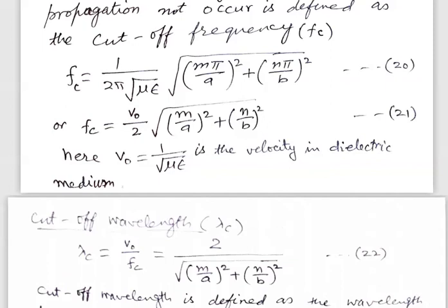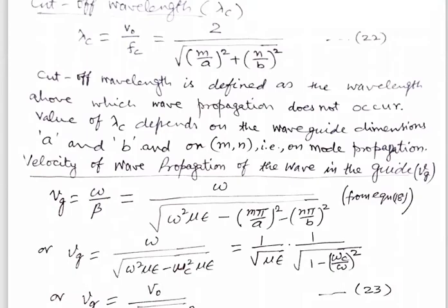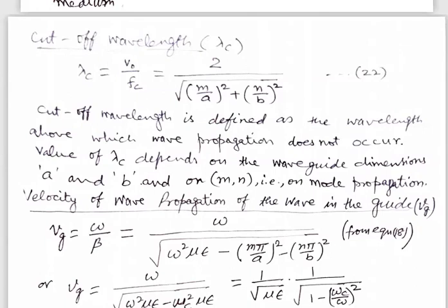So in these equations, V0 is 1 upon root mu epsilon, which is the velocity of the wave in the dielectric medium. Similarly, we can define the cutoff wavelength. Cutoff wavelength is given by lambda c equal to V0 upon Fc, and from equation number 21, this gives us 2 upon under root m upon a whole square plus n upon b whole square.